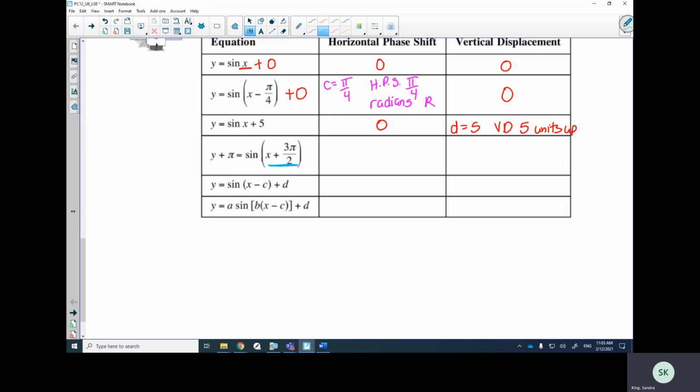So here's my C value in here. C is equal to negative 3 pi over 2. That would be a horizontal phase shift, 3 pi over 2 radians, and then the direction would be left.